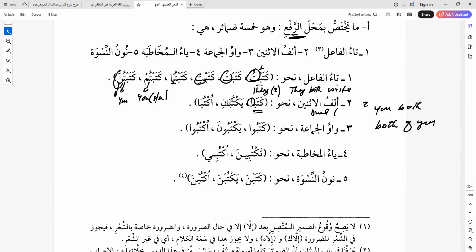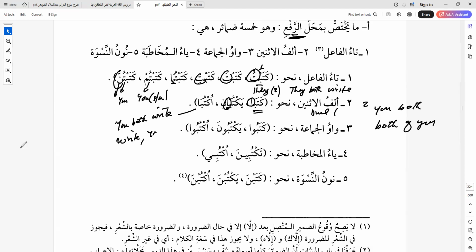Now, يكتبان فعل المضارع. So you can see this is alif ithnain. And this noon is just known as ziyada, right? And then uktuba, command, right? Uktuba, you both write. Or you can say write, you both. You're talking to two people.